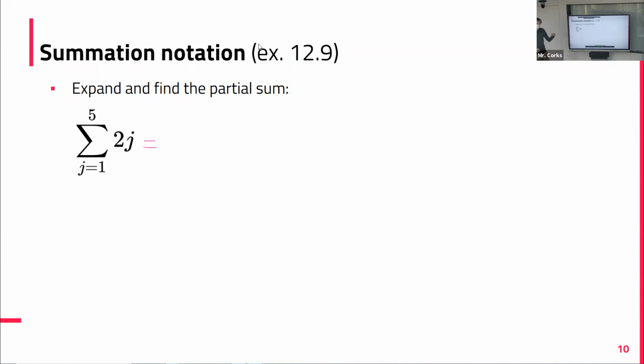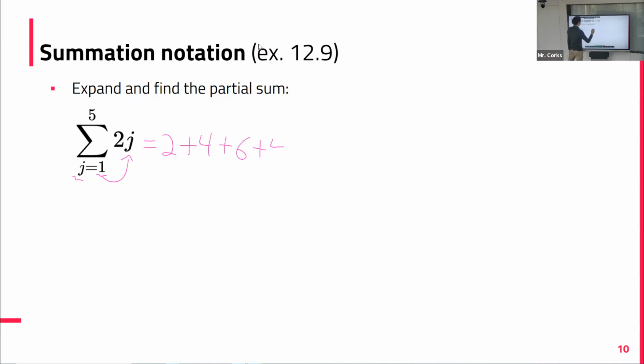What is the first term of this going to be? 2. So here we have a J index. We start when it's 1, put that here, 2 times 1, okay, 2. Next term, 2 times 2, 4. You can probably see what's going to happen here. This is 3, that's 6.